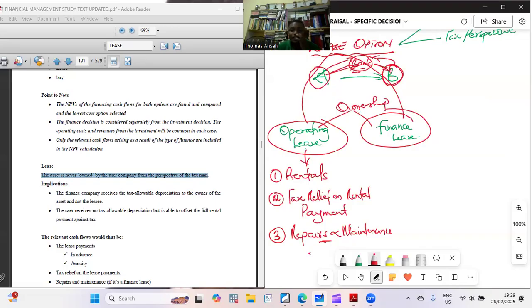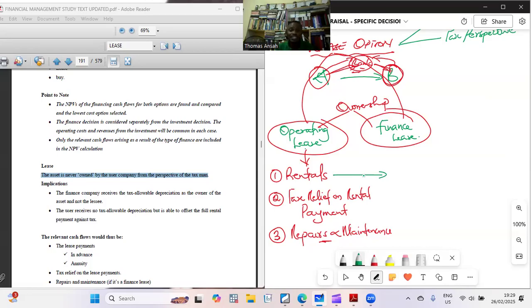You will not have any ownership. If the repairs and maintenance is not to be borne by you, ignore it, all right, so that you will be left with only one and two. So that is it. But one thing you must understand is that here you will be paying the repairs and maintenance, all right? You'll be paying the lease rent. In my house, there's nothing like you have stayed in before the end of the year, then you pay the rent.